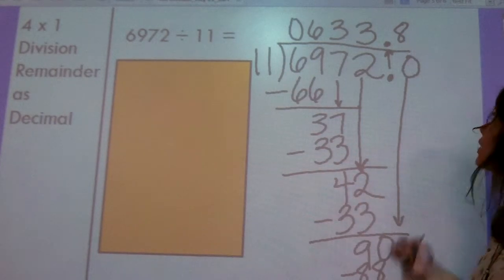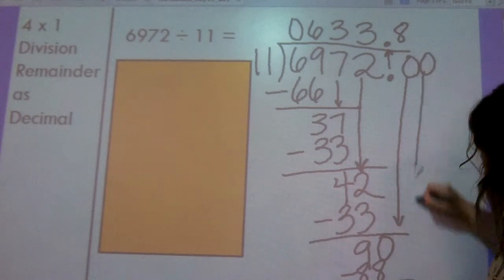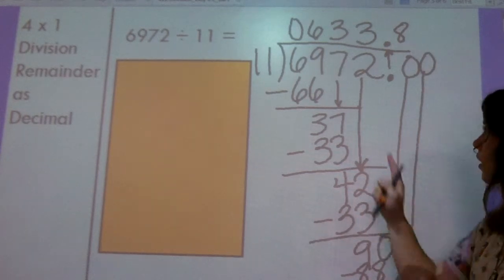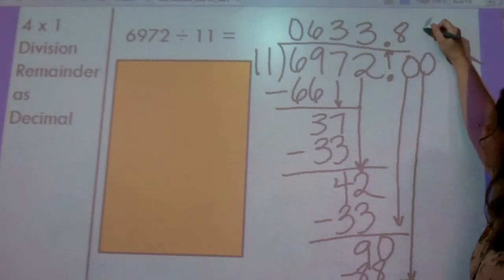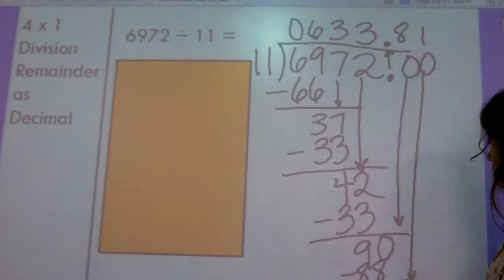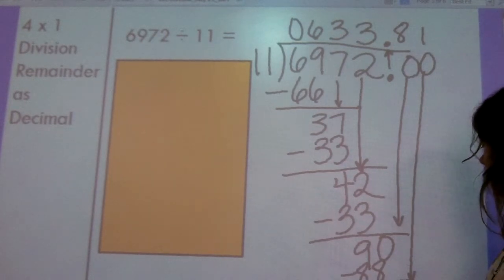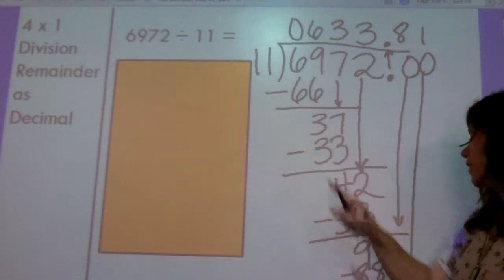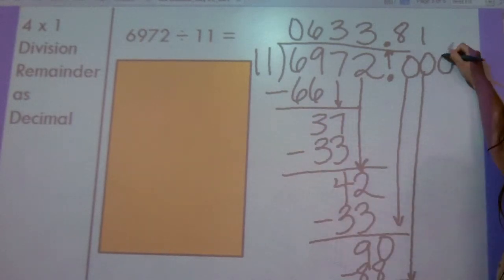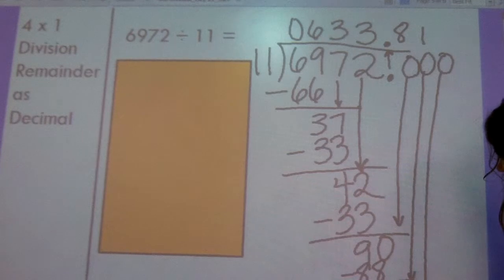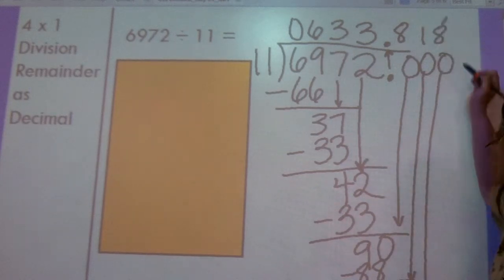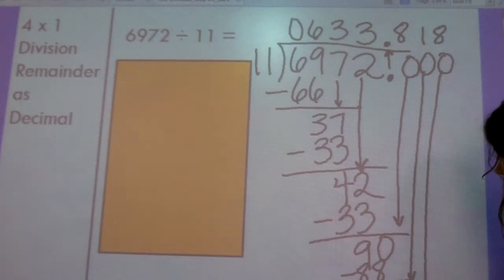I have to keep going here and bringing down zeros. 11 goes into 20 1 time, and I'm left with 9. 11 doesn't go into 9, so I have to bring down a 0. 11 goes into 90 8 times, and I'm left with 2.